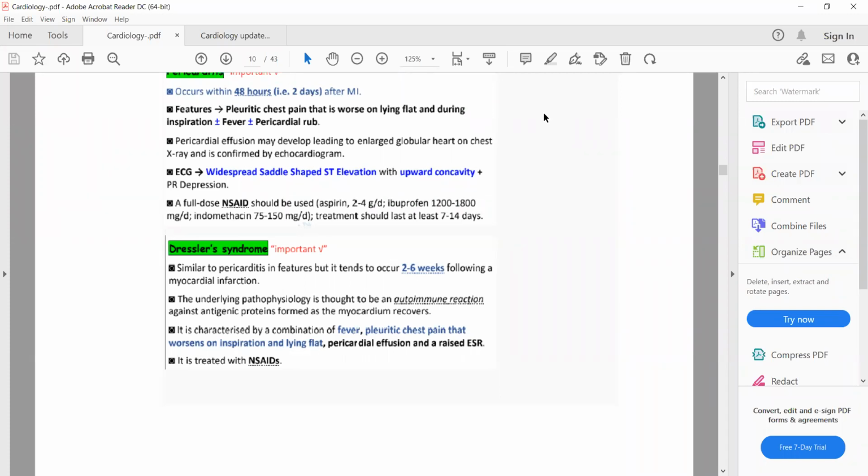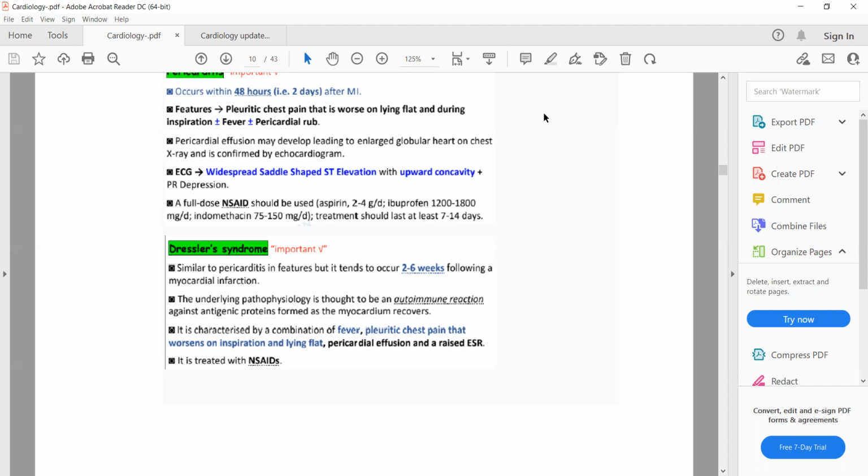The underlying mechanism of Dressler syndrome is that as the myocardium recovers, new antigens are formed against which an autoimmune reaction can occur, which can lead to pericarditis, and the presenting signs and symptoms will be the same. X-ray findings will be the same, and ECG findings will be the same in both acute pericarditis and Dressler syndrome.